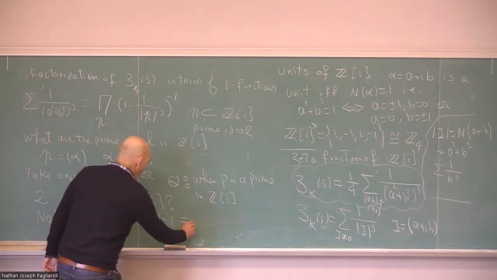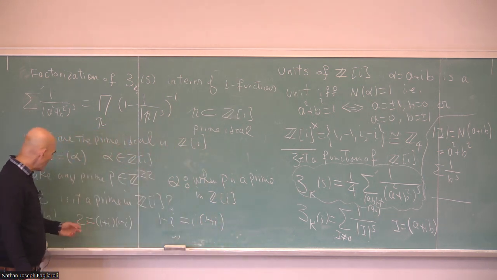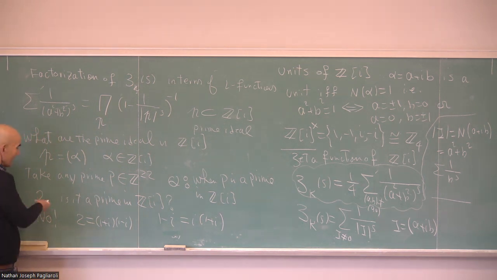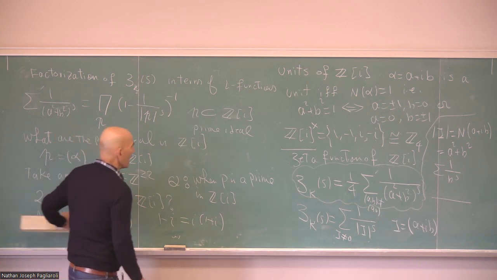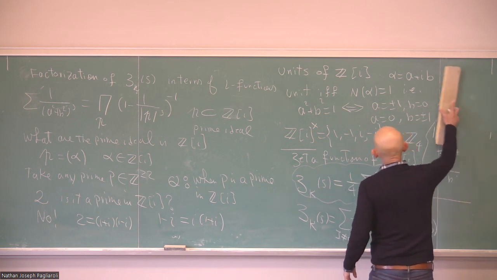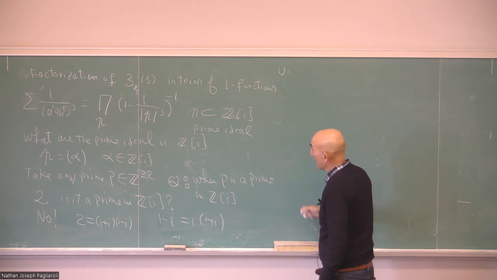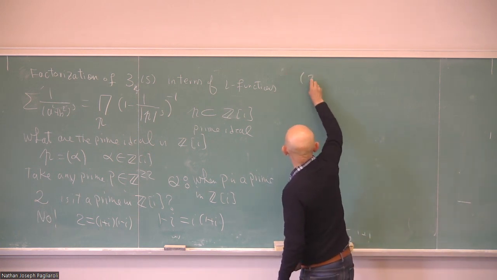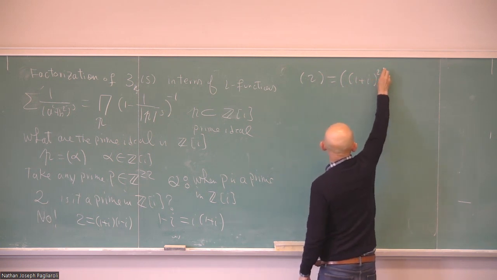So this is i times (1 + i). So actually this ideal is the square of another ideal, which is prime, because this is an associate of that. So basically we just discovered something interesting: as an ideal, (2) is equal to (1 + i) squared.